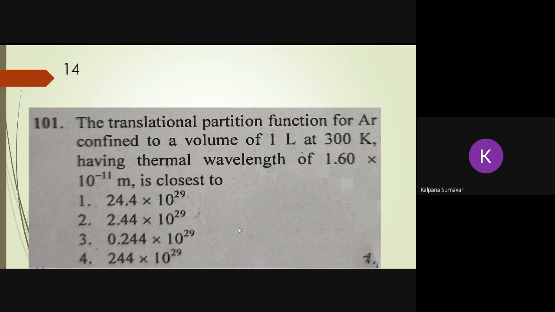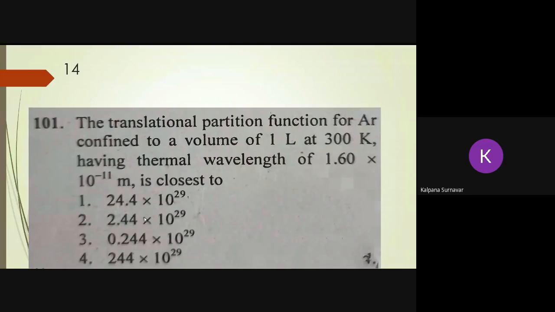There are various types of partition functions: translational, rotational, vibrational, and electronic partition function. Here the values for argon are given. The volume is 1 liter, the temperature is 300 Kelvin, and the thermal wavelength lambda is 1.60 into 10 raised to minus 11 meter.